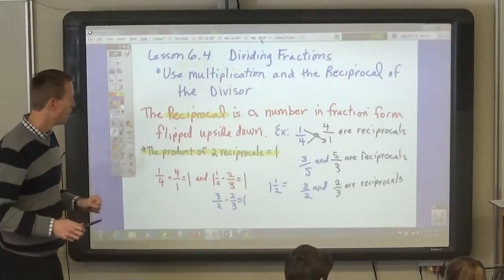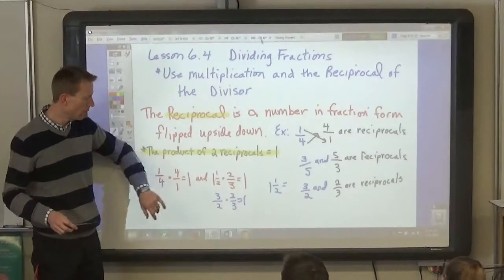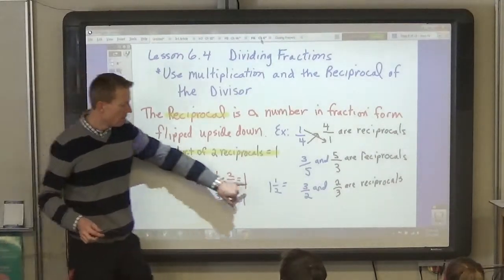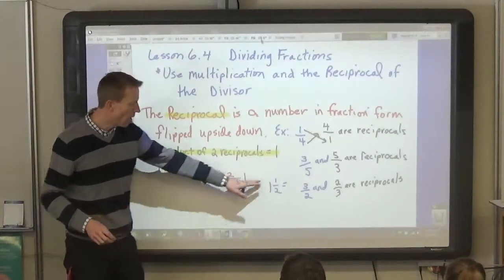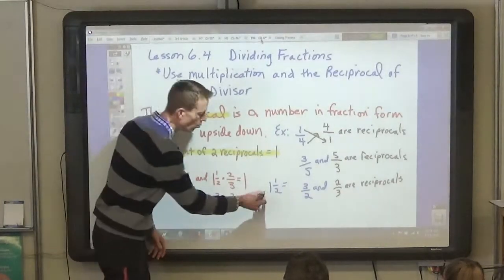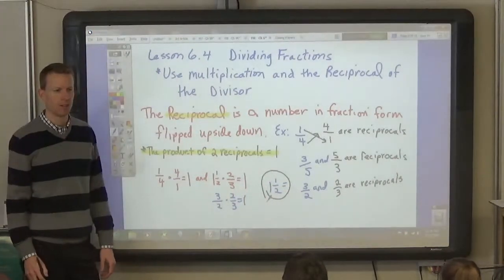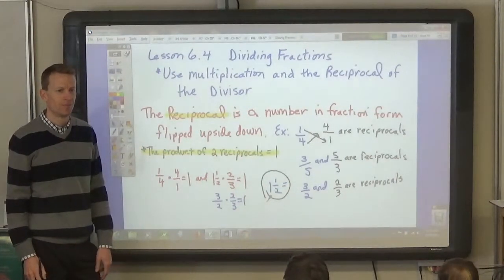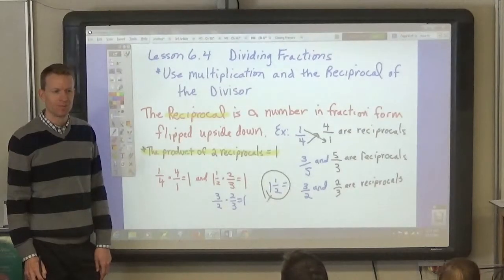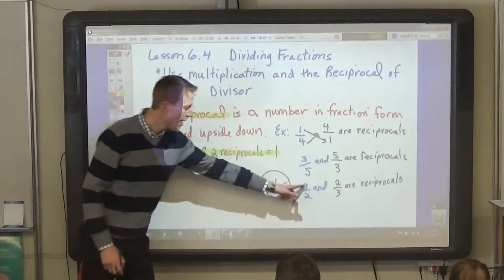Now, how would you figure out the reciprocal of 1 1/2? What would you have to do with 1 1/2 in order to find its reciprocal? You'd have to rewrite it as a fraction.